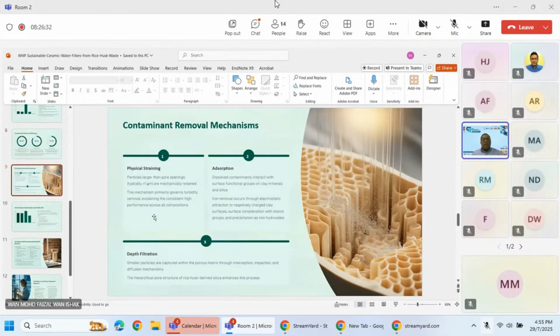So this mechanism for removal, we have three types. Physical straining: particles larger than the openings, typically more than 1 micrometer, are mechanically retained. This mechanism primarily governs turbidity removal, explaining the consistent high performance across all compositions of our sample.